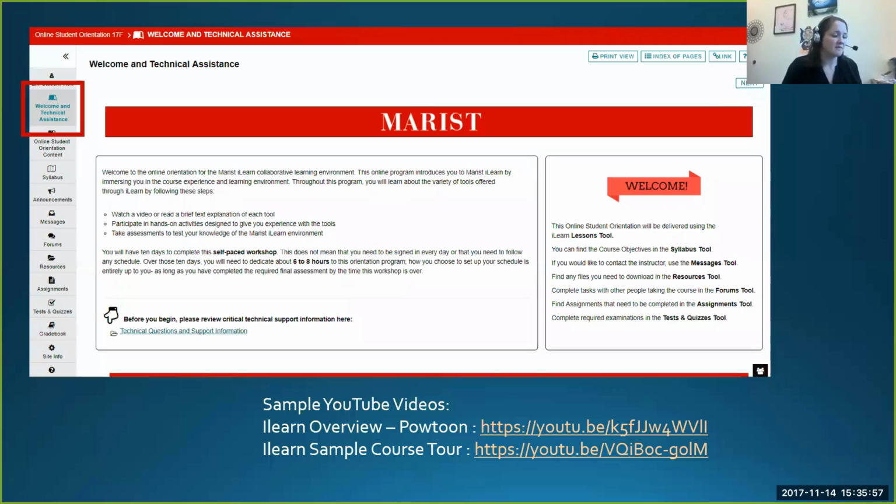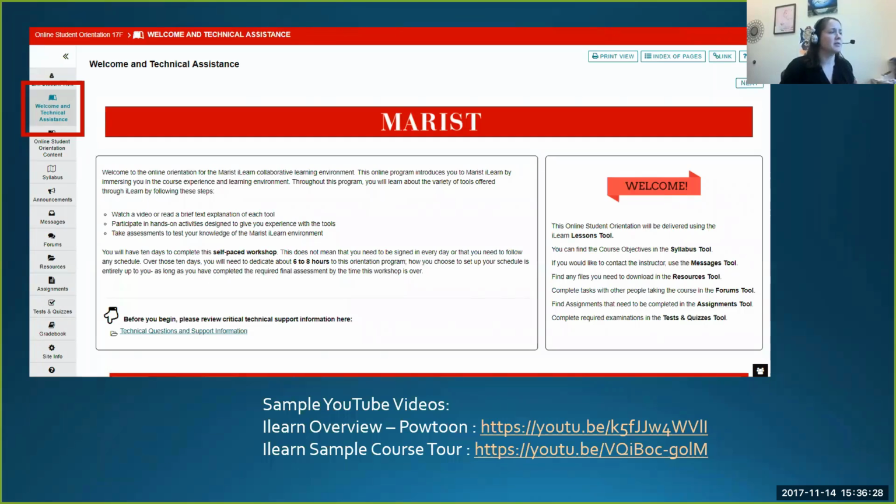The idea of this is that we were in a really interesting place when I started working on this a little over a year ago, where we had upgraded to Sakai 11 in July of 2016. And the huge update to lessons was something that we didn't quite have faculty taking advantage of. So this was one way for us to really highlight and model that for our students, so they could see what it was capable of.